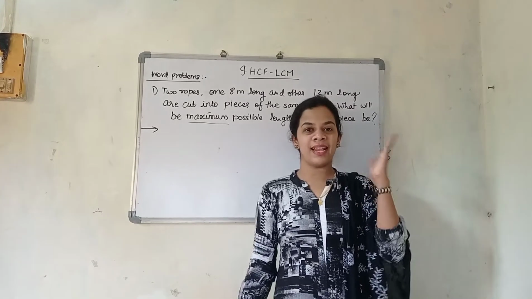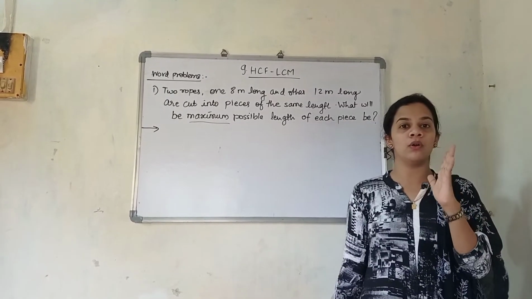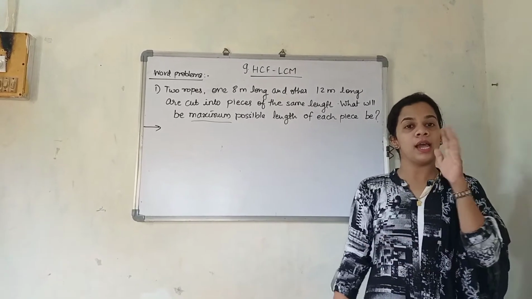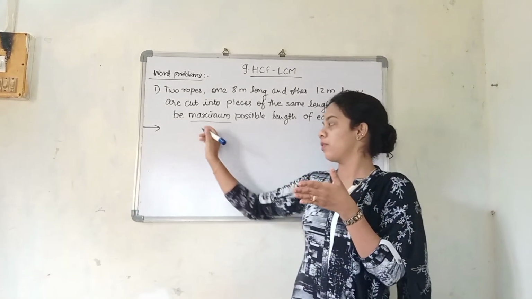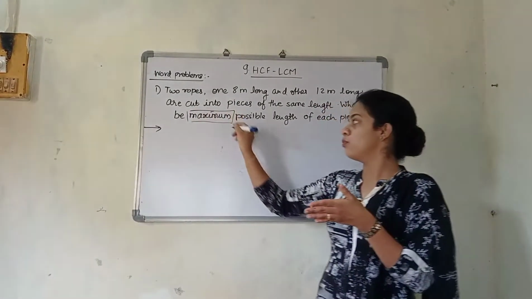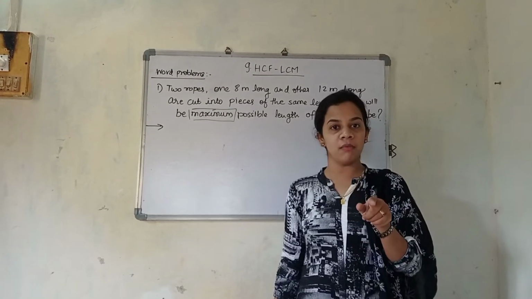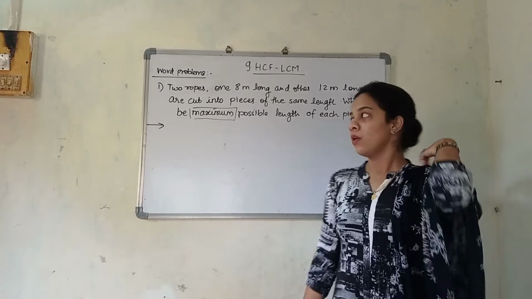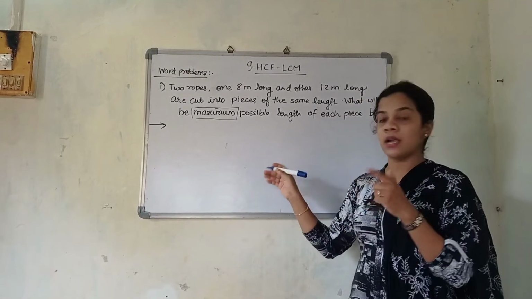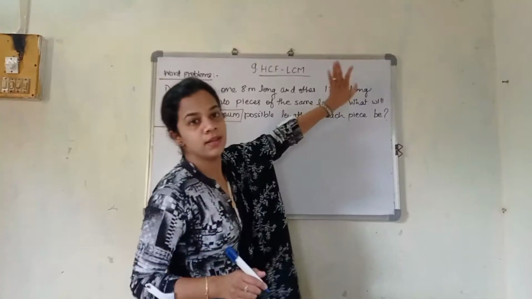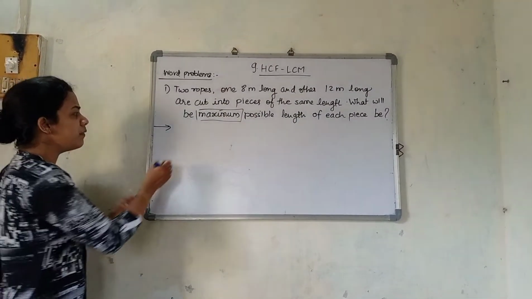If you remember HCF and LCM, in which part was the word highest used? Yes, highest was used in HCF. So in this particular question, by the word maximum, you should understand that we are going to find HCF. If it was minimum, you would find LCM. So right now we are going to find the HCF of two numbers, 8 and 12.